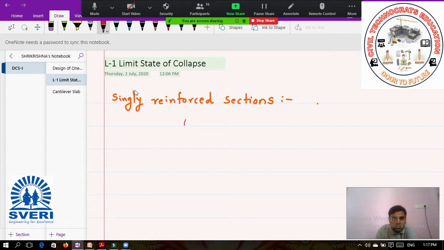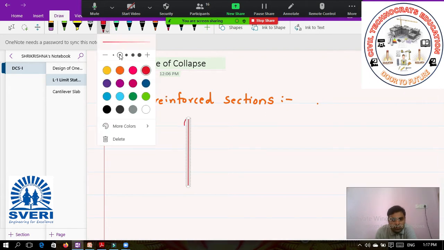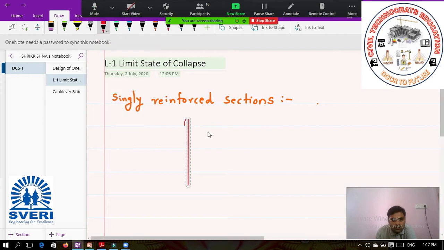The diagram is like this, the stress profile. Here we have shown this is the force Cu, this is the force Tu.